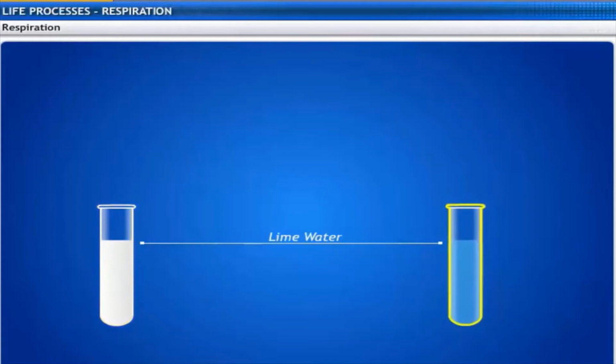You will find that it takes longer for the lime water to turn milky in the second test tube as compared to the first test tube. This proves that air contains less carbon dioxide than the amount that we breathe out.